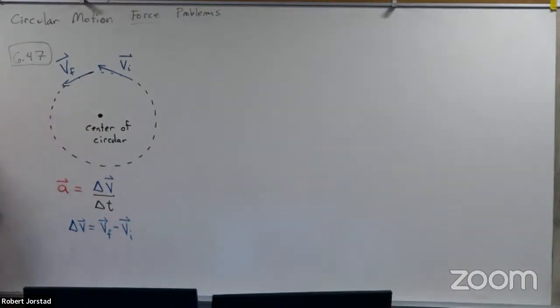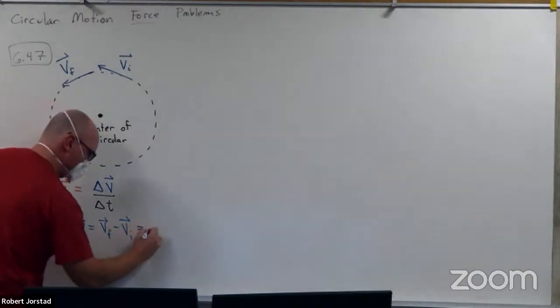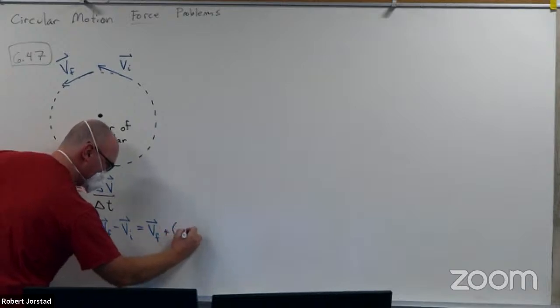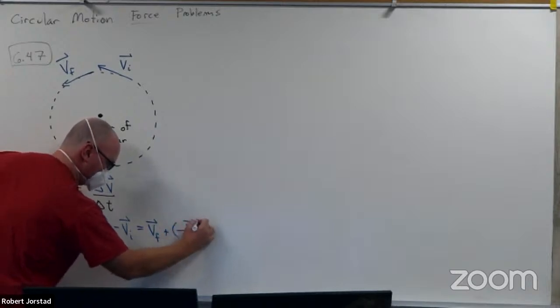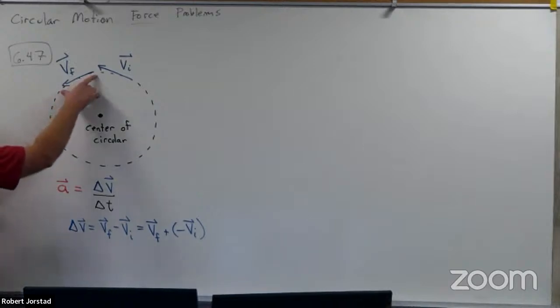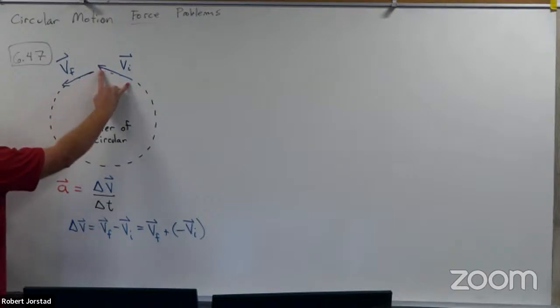But I want to go even one step further. That's v final plus negative v initial. And that helps me understand my picture a little bit. Check this out. Delta v would be v final plus the opposite of this.